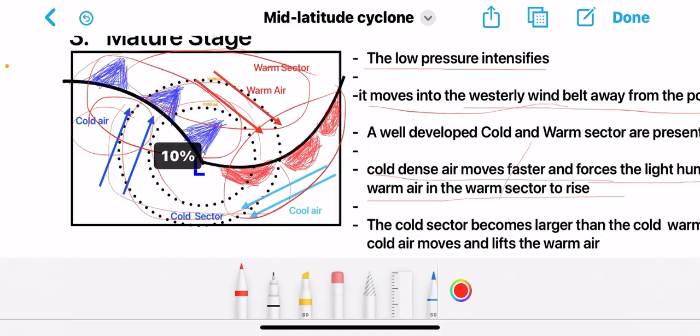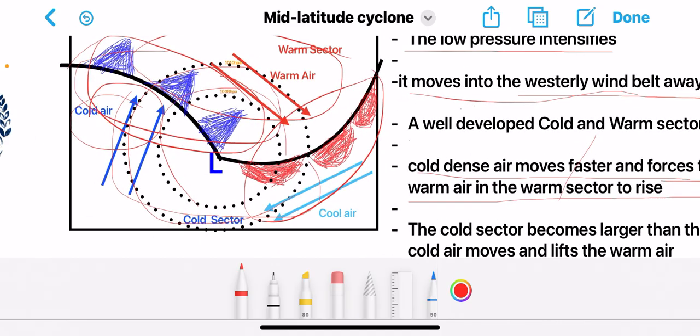Than the cold sector. Because you see this cold front here, it used to be here, somewhere here. But because there is cold air behind it, this cold air pushed it to this direction, and next time it will be pushed to this direction, to this place. Okay, I hope you understand.